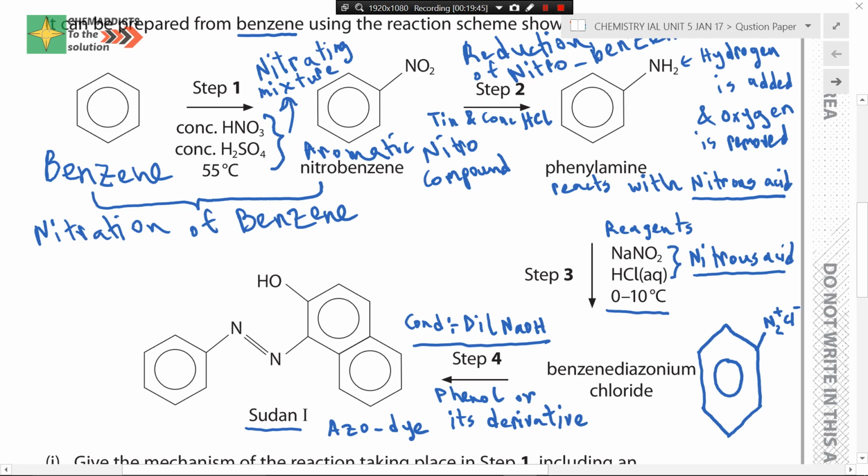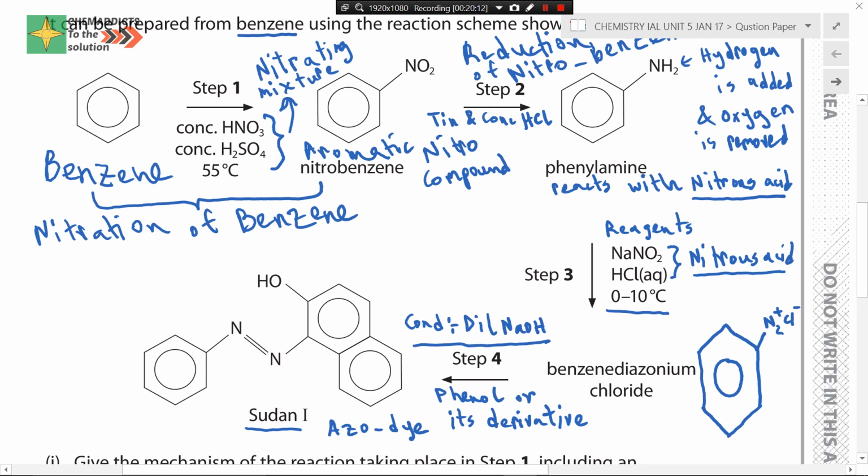So here we want to convert benzene diazonium chloride to Sudan 1, which is a type of azo dye. The main reagent that we need to give is phenol or its derivative, naphthol.